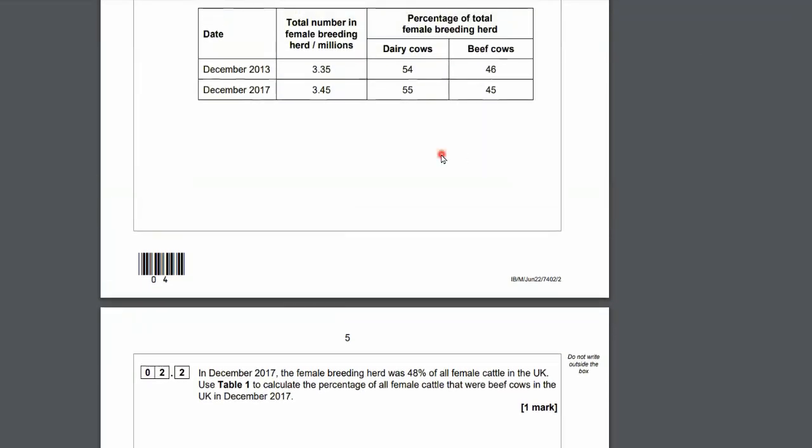Okay, so essentially what we're being told here is that 48% of all the female cattle in the UK are in the breeding herd, and they're shown here in this table. We're also shown that 45% of that 48% in 2017 were beef cows. What they're asking us then is how many female beef cows are there in the UK?